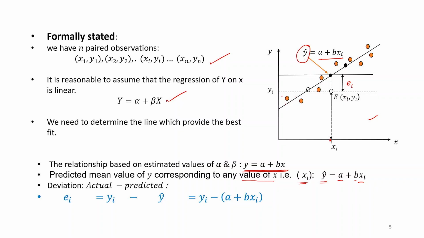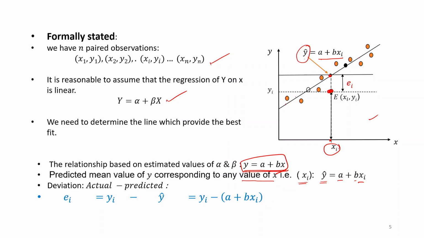So the actual value of y at a given value of xi is here, whereas this is the data point. I am showing it by this red color. This is the actual, but if I try to find this value using the equation y equal to a plus bx, I find the data point to be here.